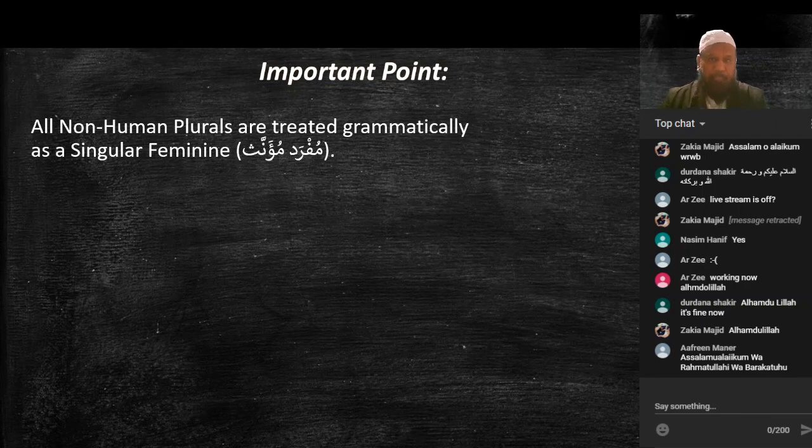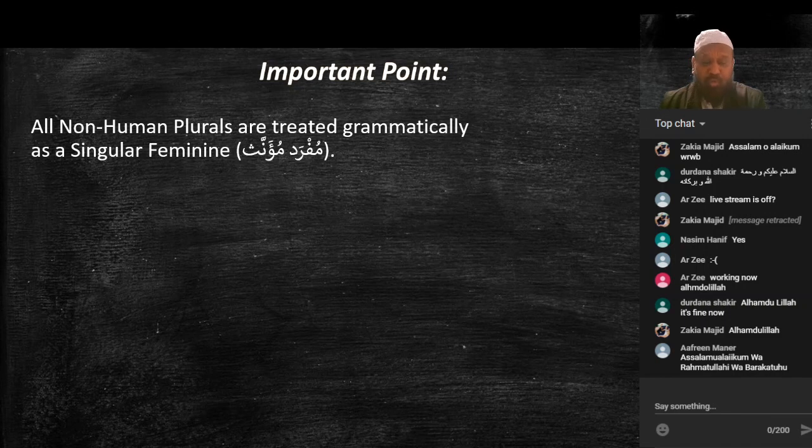Important note. Understand this carefully and apply this in all the grammar we're going to learn in the future. All non-human plurals, whether objects or creatures, are treated grammatically as a singular feminine, mufrad muannath.